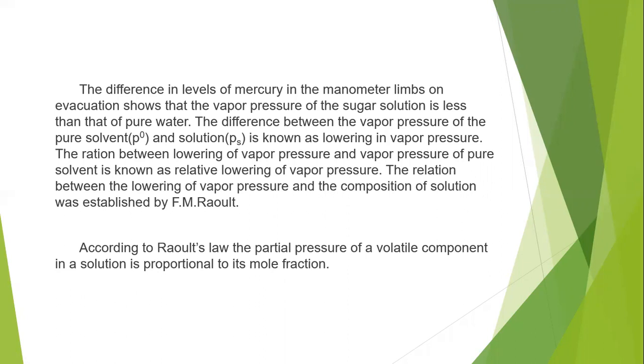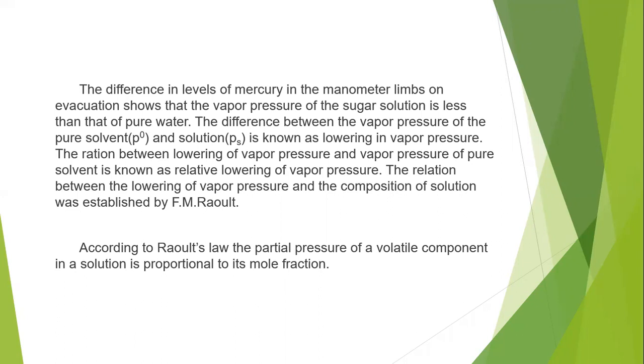What is the relation between the relative lowering of vapor pressure and the composition of the solution, that is, how much solute and how much solvent it has? That composition can be expressed by Raoult's law, by the scientist F.M. Raoult, who expressed a relation between the composition of a solution and the relative lowering of vapor pressure.